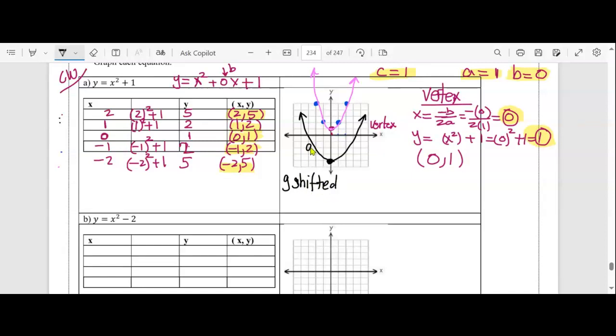For example, this is the graph of F, and this is the graph of G. You say G is shifted down from the F graph.